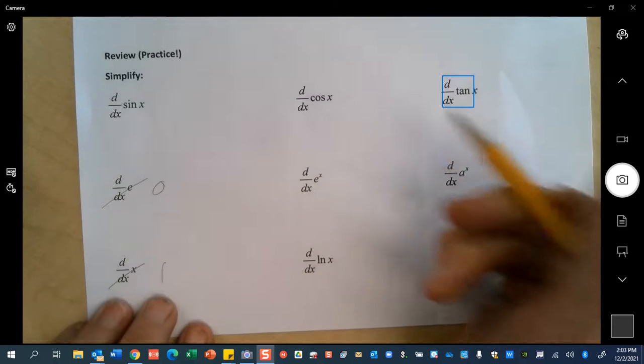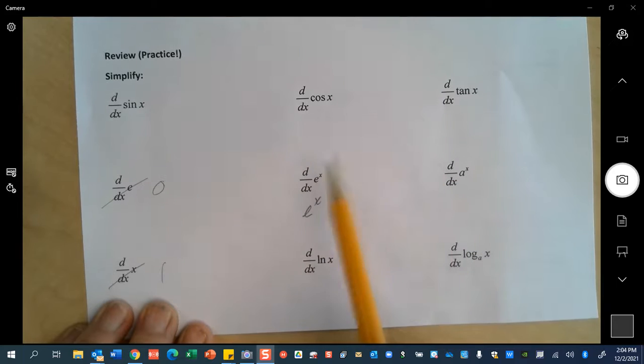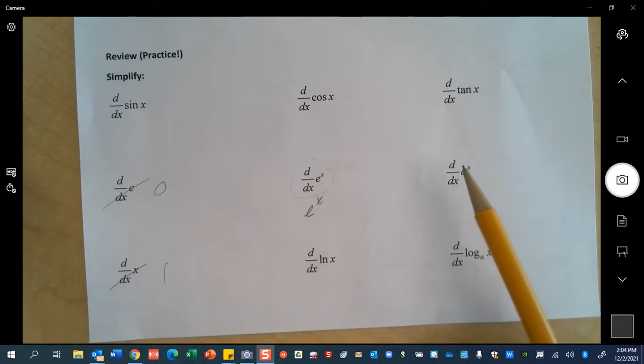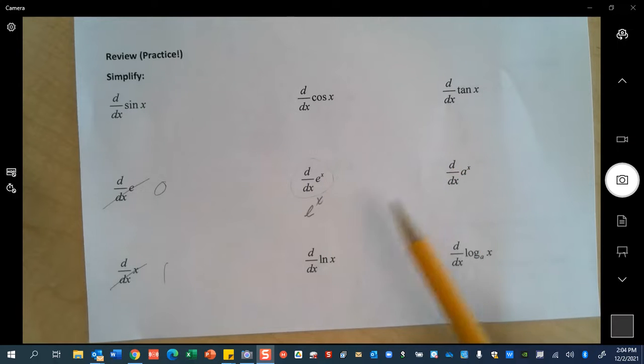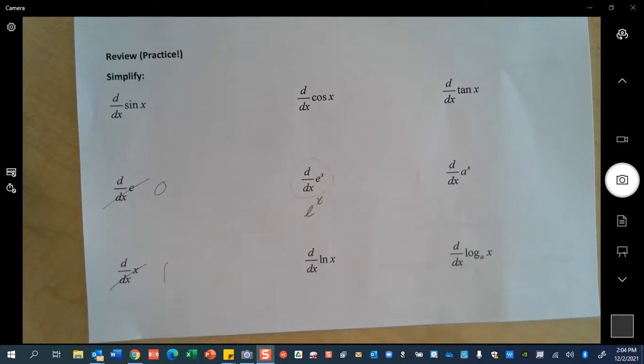So let's talk about what we're talking about here. This is an expression. I'm not asking you to solve for the derivative. I'm not giving you the equation e to the x. This is an expression that you're simplifying. In this circumstance, no notation necessary. Do you see the difference?